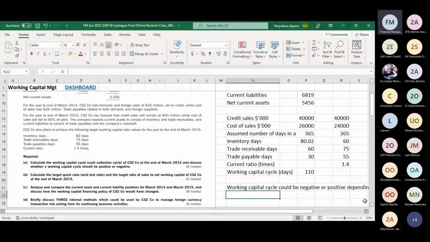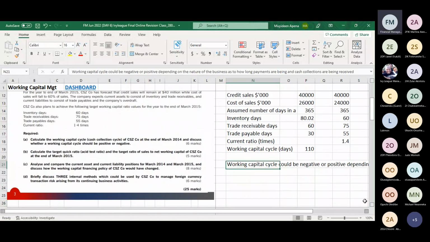So that's what you are trying to tell us, is that not? So there's no cast in stone rule to say it should be positive or negative. So it depends on the nature of the business.